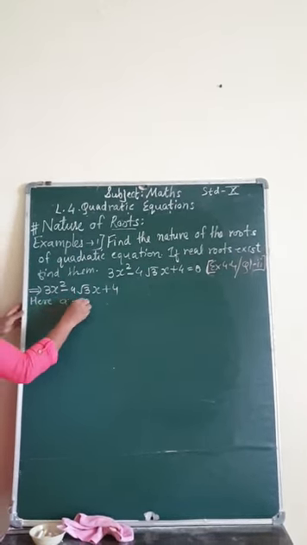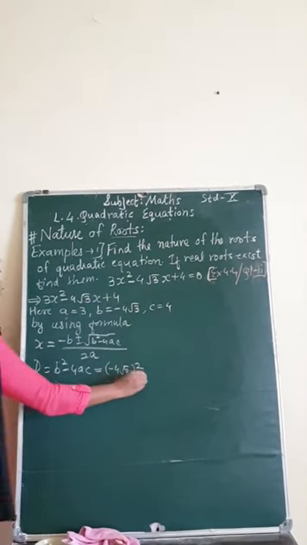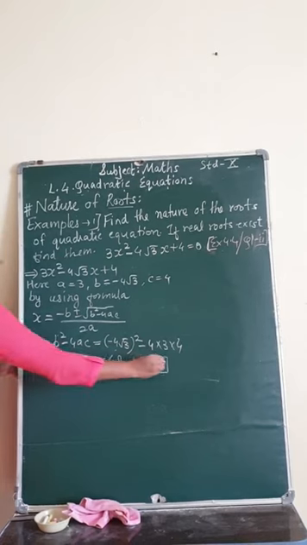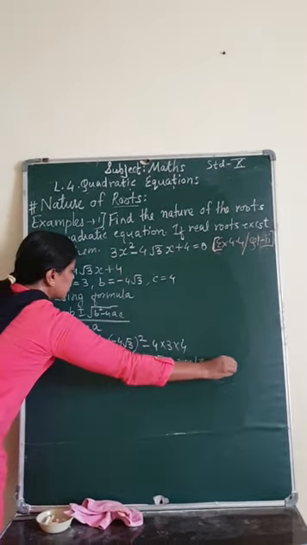Putting the values, minus 4 square root 3 whole square minus 4 into 3 into 4. That gives us 48 minus 48, which is equal to 0. So the discriminant tells us that we have real equal roots.